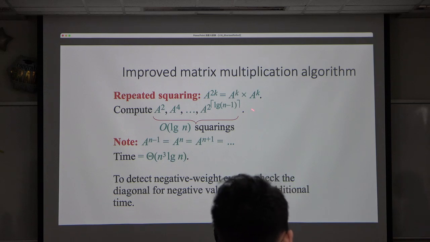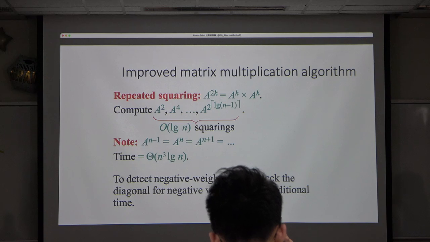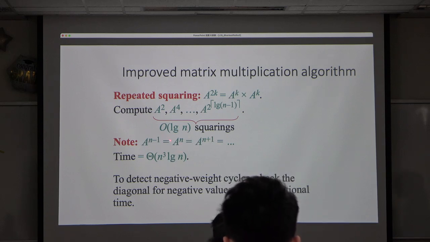If there is some additional order, of course you have to multiply the rest. But it takes log n squarings to reach the closest 2 to the power of something to that n value.